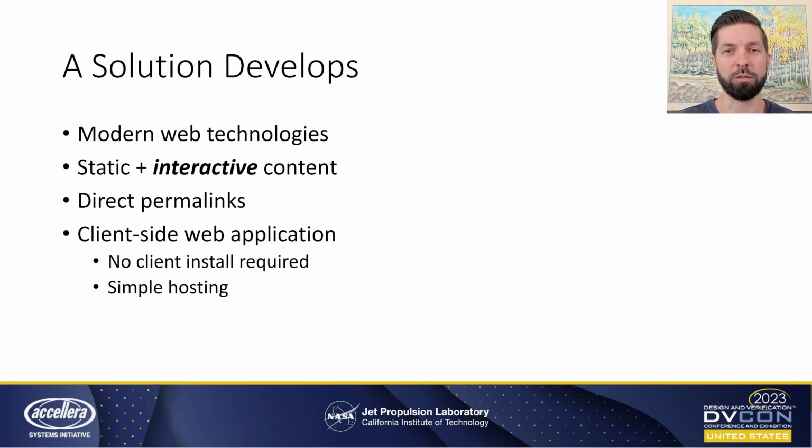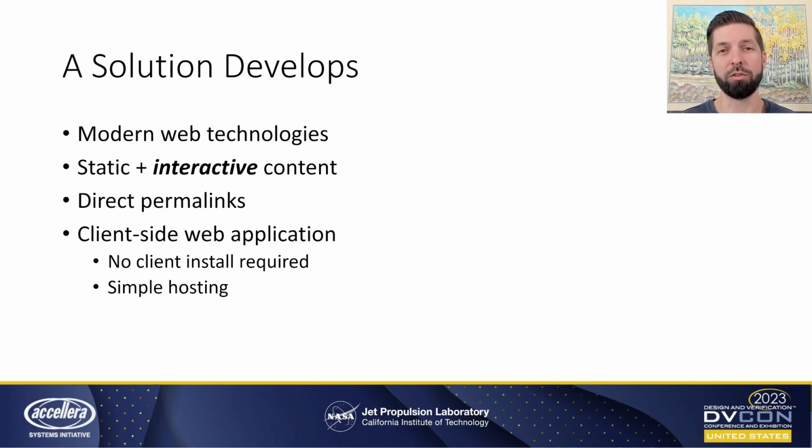Modern web technology is more than just HTML. It's also CSS, or cascading style sheets, to style the content on the page. It's also JavaScript. All web browsers provide a JavaScript engine that we can use to deliver interactive content.